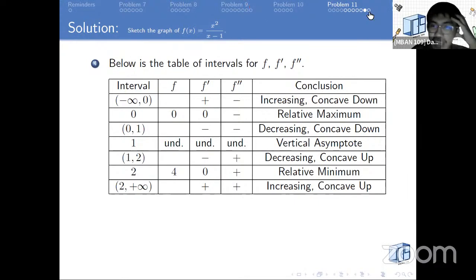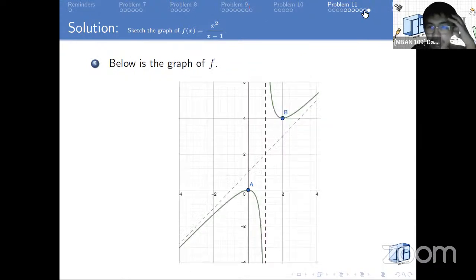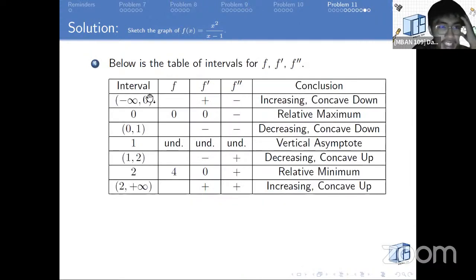So ngayon mag-i-sketch na tayo. Ayan yung itsura. So isa-isahin natin bakit naging ganon. So una, i-sketch natin yung y equals, so kung i-sketch mo siya, ganyan yung itsura niya.